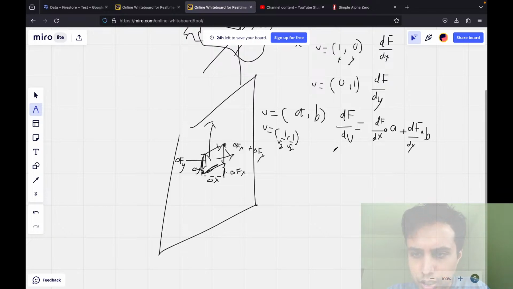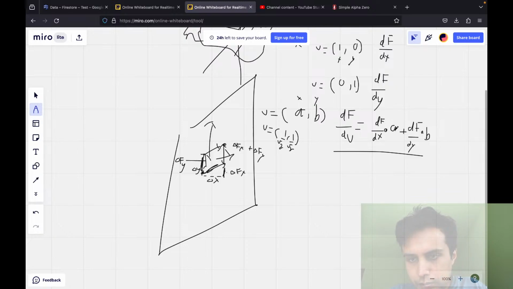So this tangent plane intuition explains it to me. If you have a and b, we take a steps in the x coordinate, and b steps in the y coordinate, right here.